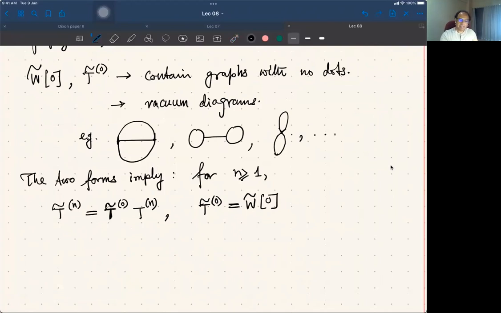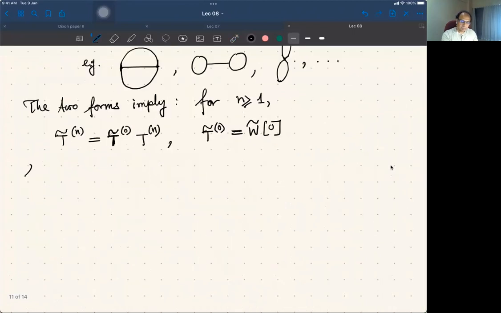Then Wj will be 1 plus the sum over n greater than or equal to 1 of Tn, where the Tn's are diagrams with no vacuum pieces.